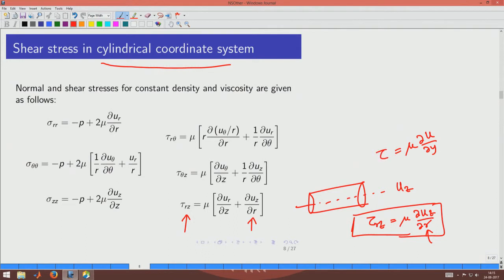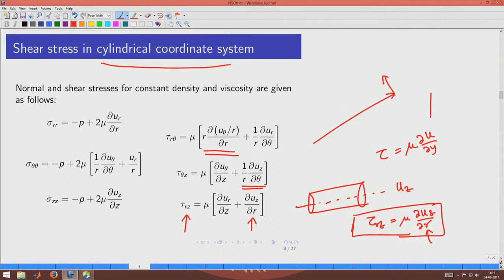Okay. But this kind of very simplistic extension should be treated with caution because you have terms that are coming with various other quantities, mainly because the coordinate system is cylindrical, and you know that in the cylindrical coordinate system the axes are defined a little differently.